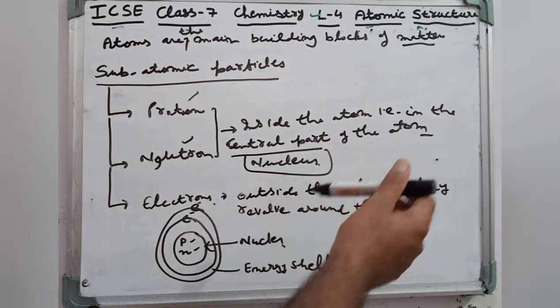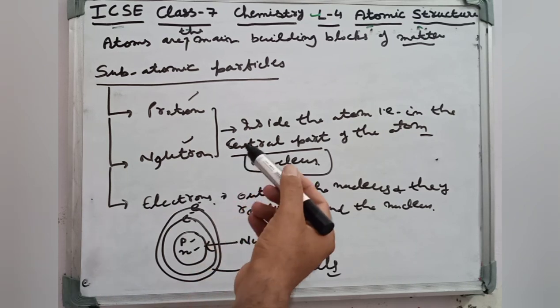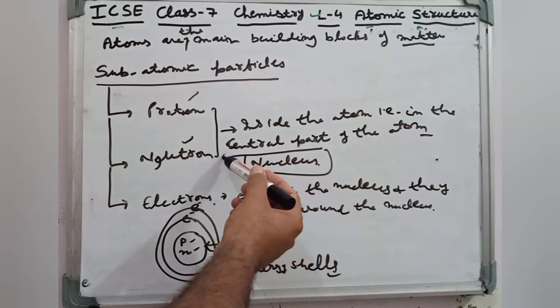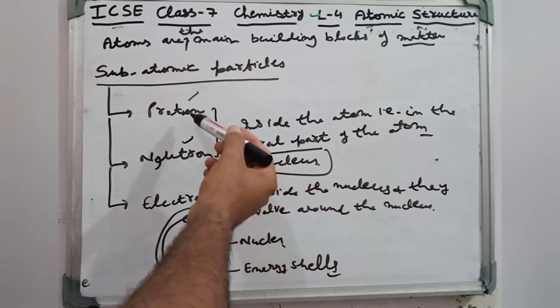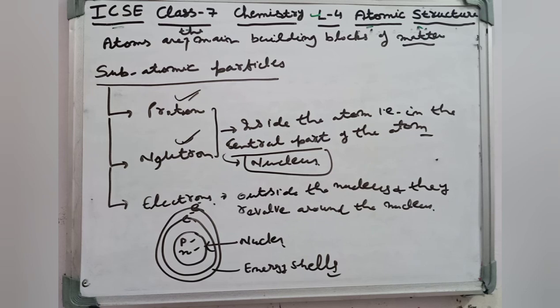Inside the atom, the central part of the atom is called the nucleus. In the nucleus there are protons and neutrons. Now around this nucleus revolve electrons in different orbits, each having its own energy, and these orbits are called energy shells.